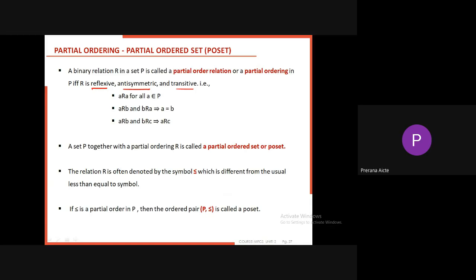Previously, we said equivalence means reflexive, symmetric, and transitive, whereas partial order relation means reflexive, antisymmetric, and transitive. If these three properties are followed, it is called a partial order relation, and the set on which we apply it is called a partial order set. We normally use the symbol less than or equal to to represent the partial order relation.